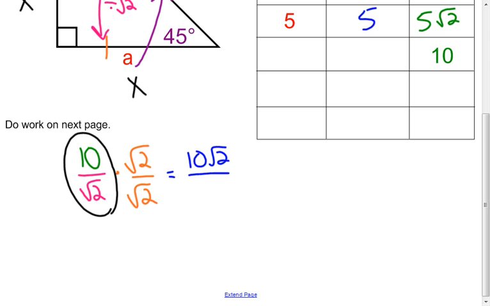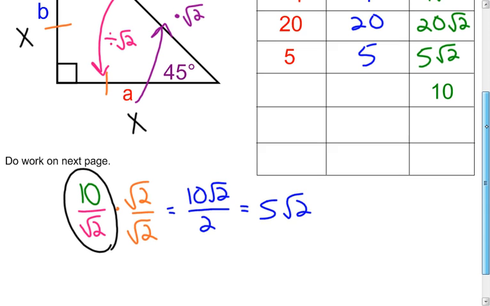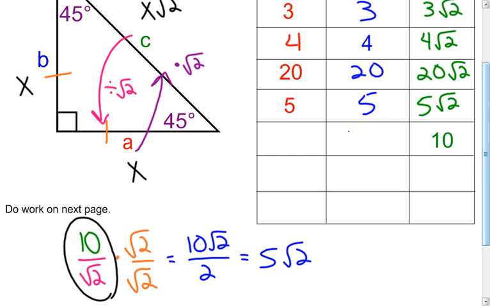Root 2 times root 2 is 2. And if I simplify that, I end up with 5 root 2. Which tells me if the hypotenuse is 10, one leg is going to be 5 root 2, and so is the other. So that's a real quick lesson on the 45, 45, 90 triangle.